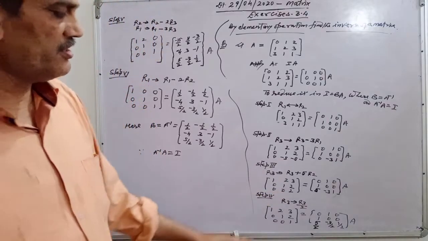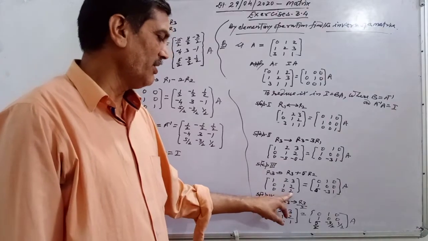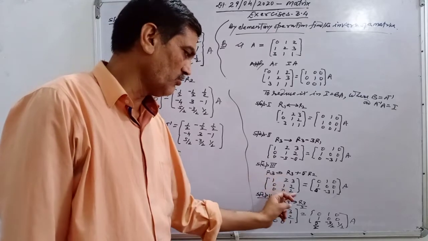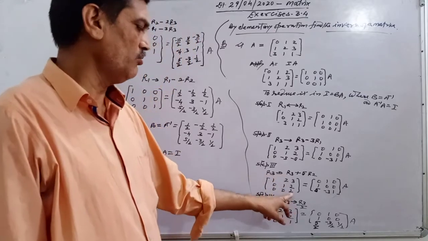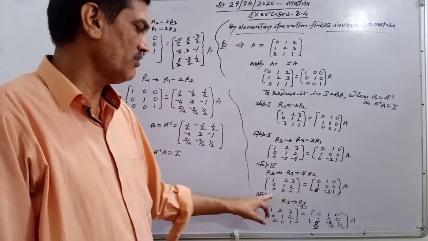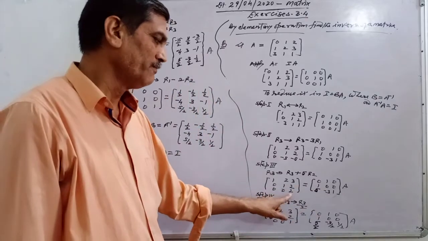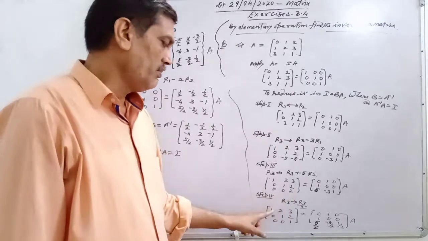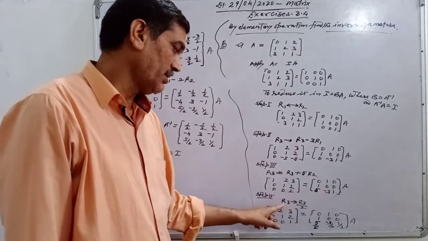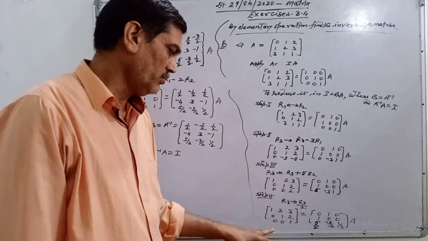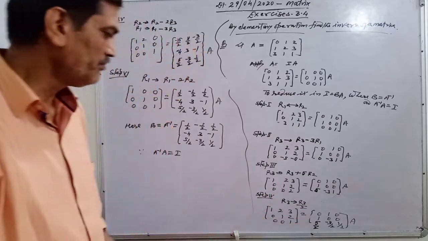Now in the next step, the diagonal elements should be 1, 1, 1, so this element should be 1. So dividing by 2, in the next step R3 tends to R3 by 2, apply this operation to make 1 here. Correct? So dividing by 2 on both the sides, R3 becomes this.